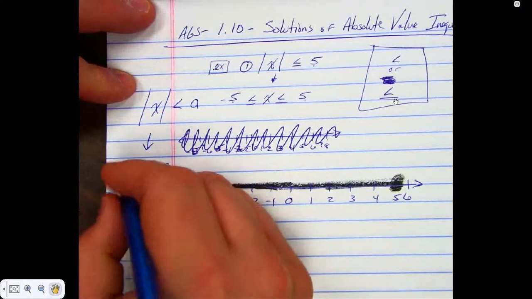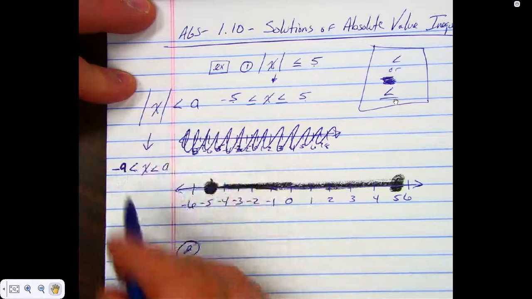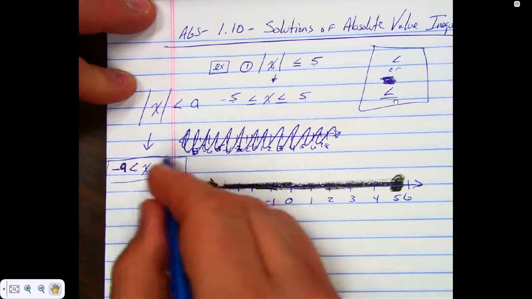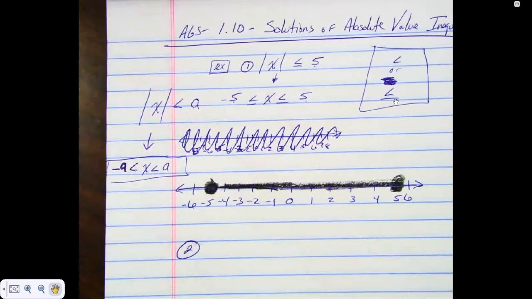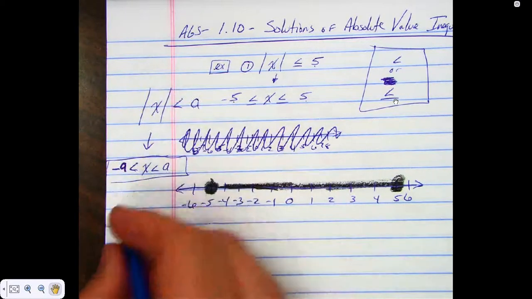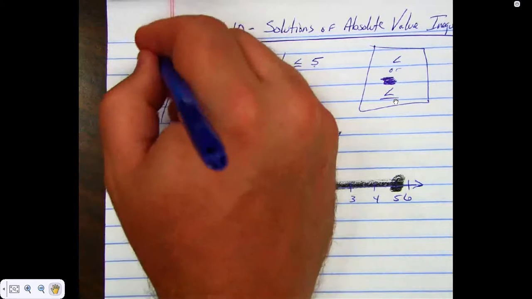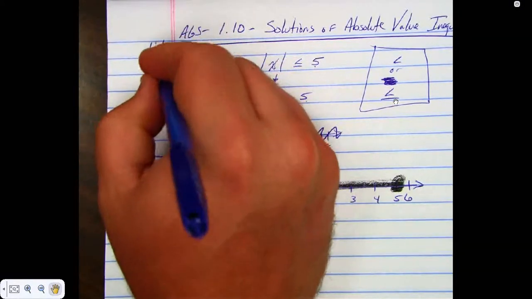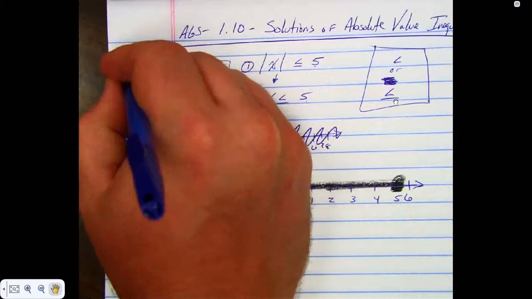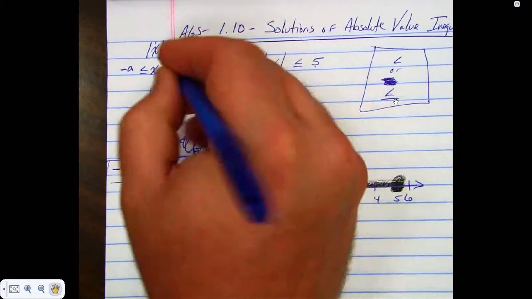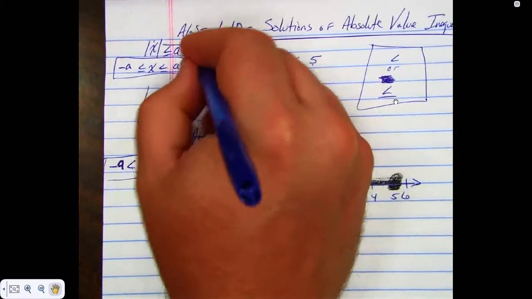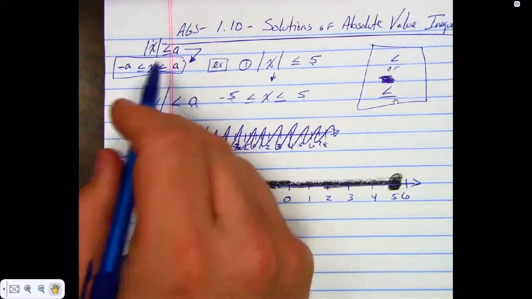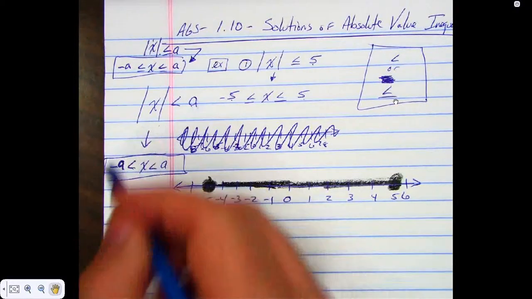Whenever you have less than and you have an absolute value, you break it up like this: negative A, positive A. Or if you have absolute value of x less than or equal to A, then it breaks up into x between negative A and positive A. So you're either going to have one like this, or you're going to have one like this, right?